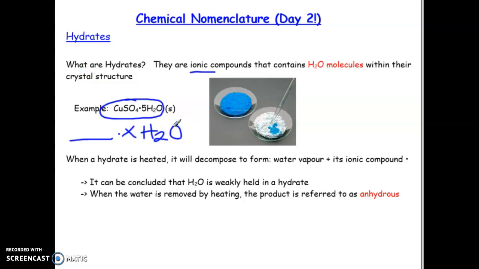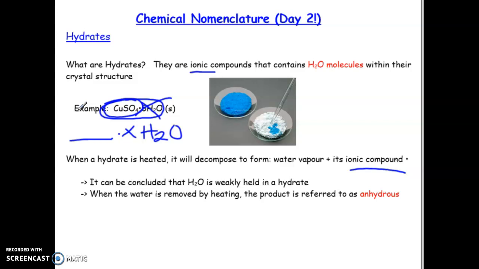When the hydrate is heated, the water molecules will evaporate. So what you'll be left with is the ionic compound. When that water is gone, you just have the ionic compound from what you originally would have had before.